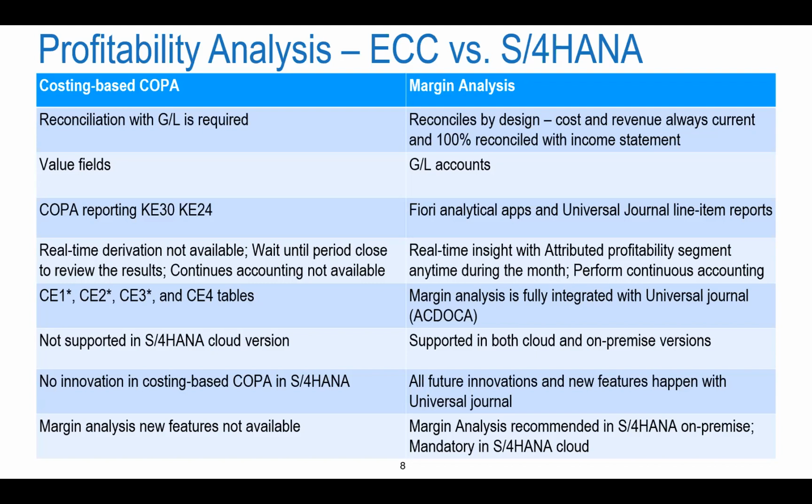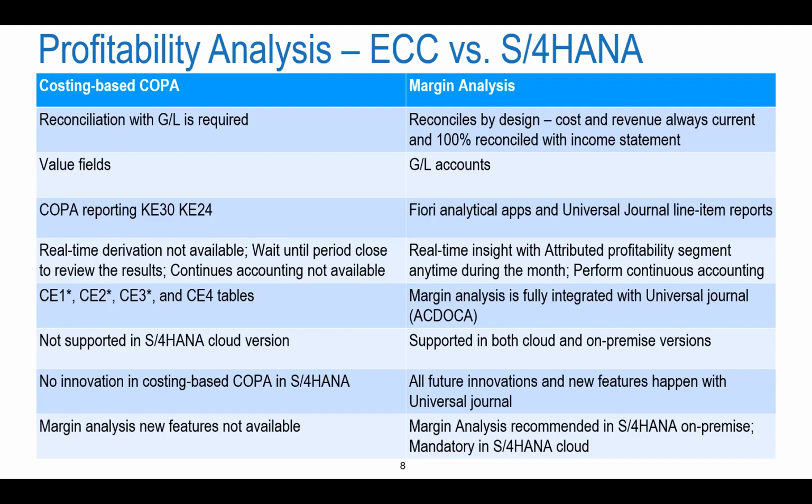Again, costing-based COPA is not supported in the cloud version, and that's one of the biggest drawbacks with costing-based COPA. All the innovations happen with margin analysis around ACDOCA, Universal Journal. So that's one of the takeaways from this session. Anyone who is planning to implement COPA, I have seen several customers in my experience who never used COPA.